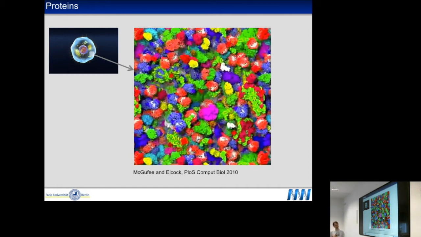Now, all of these levels, so these microscopic dynamics and the macroscopic dynamics of the cell and the even more macroscopic dynamics of the body are coupled with one another. In other words, if you make little changes here, you can affect the entire cascade of scales.